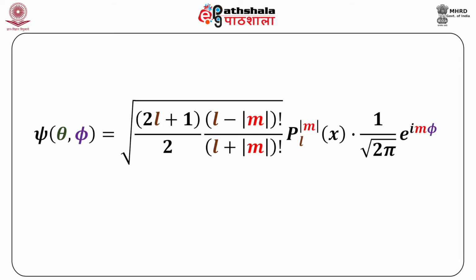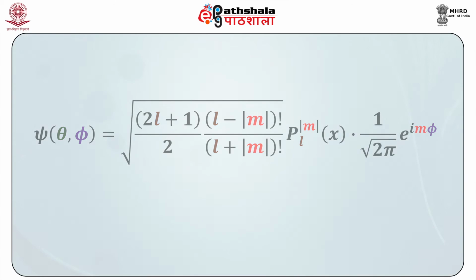This is the theta part. Then multiplied by the phi part, which you remember we calculated earlier, and that was 1 upon under root 2 pi e to the power iota m phi. So this total expression on the right hand side gives us the total wave function of the rigid rotator.